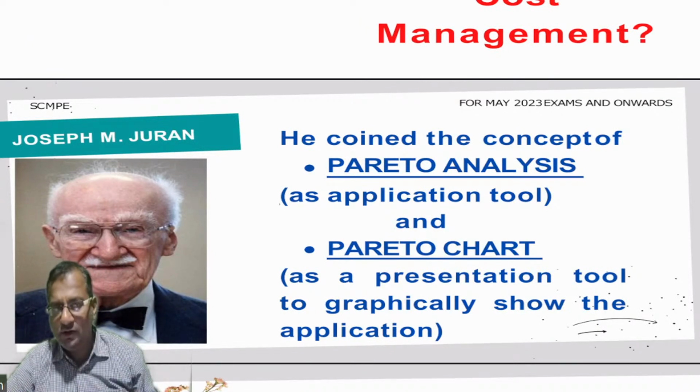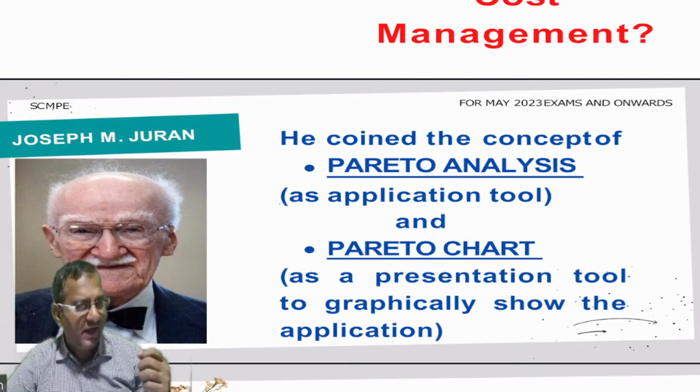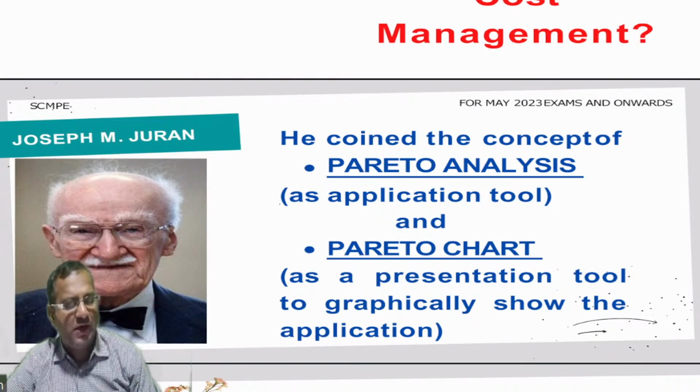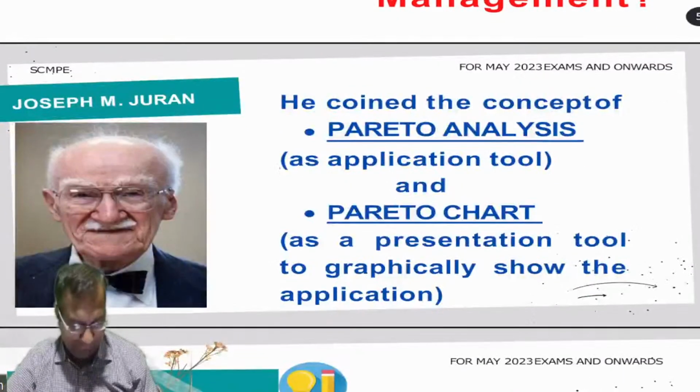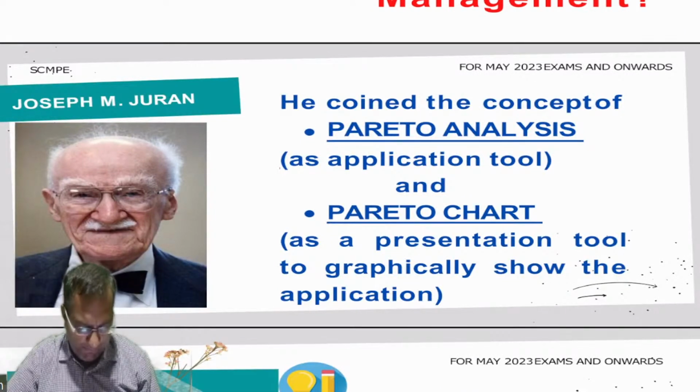Can you tell me, beta, this author we have heard somewhere in the previous chapter? I think it's chapter number 2. If you can recall, on which other area this author has contributed, on which topic, Joseph M. Juran.